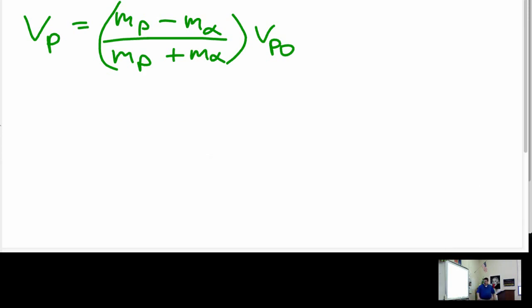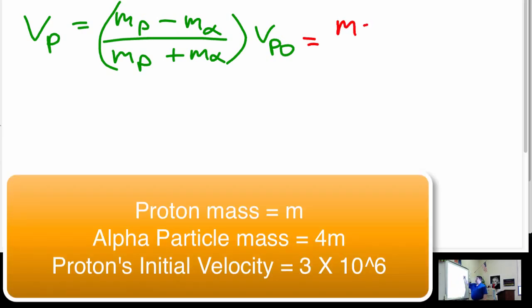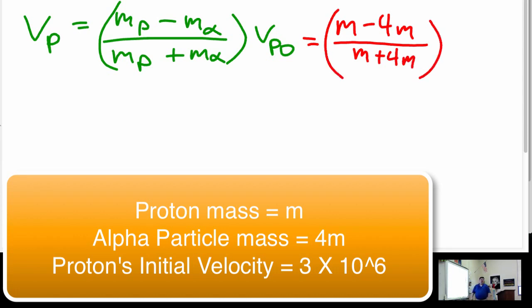Okay? So now let's solve that. What is the mass of the proton? Do you guys remember? M. It was just m. What is the mass of the alpha particle? 4m. And then what was the mass of the proton again? M plus 4m, right? Times the initial velocity, which was 3 times 10 to the positive 6 meters per second, right?